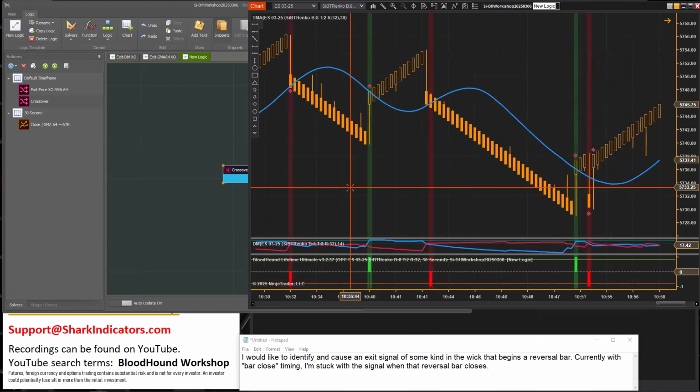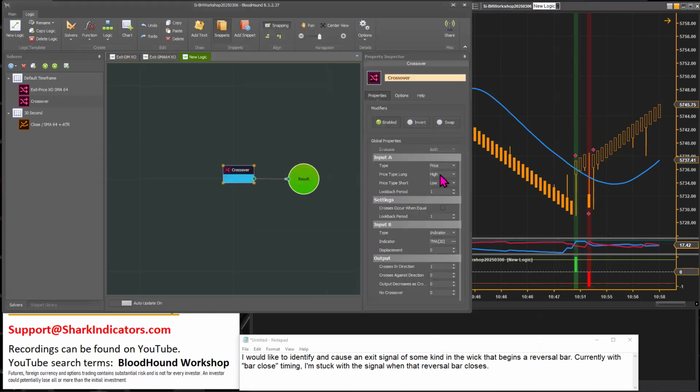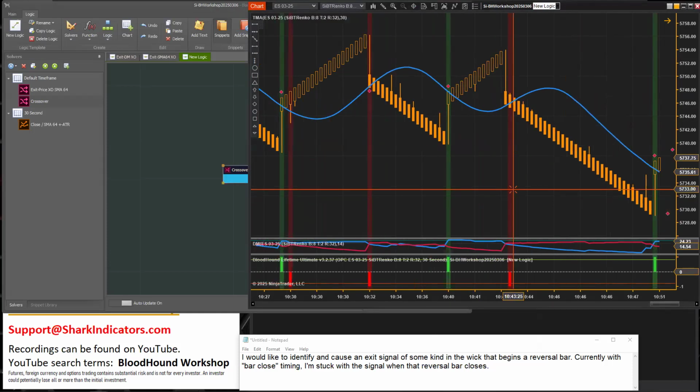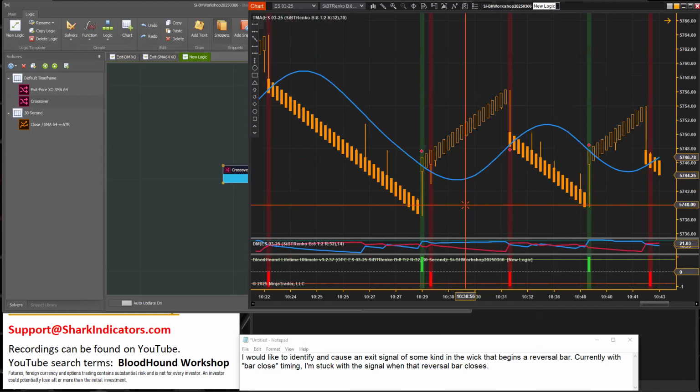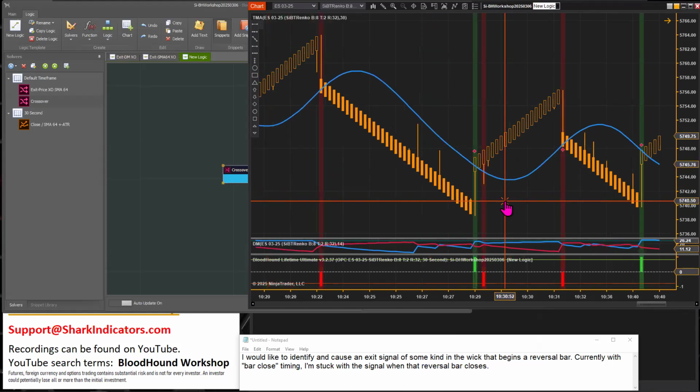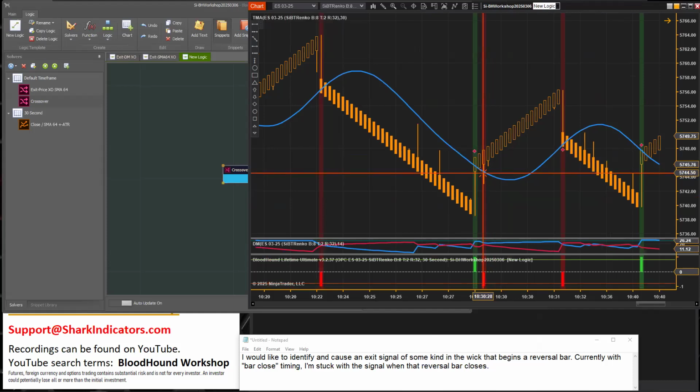Well, actually, in real time, you'd see them whether you use the closing price or not here. But by using the high and low, you will identify some of these other exit conditions here, like that bar right there, right?